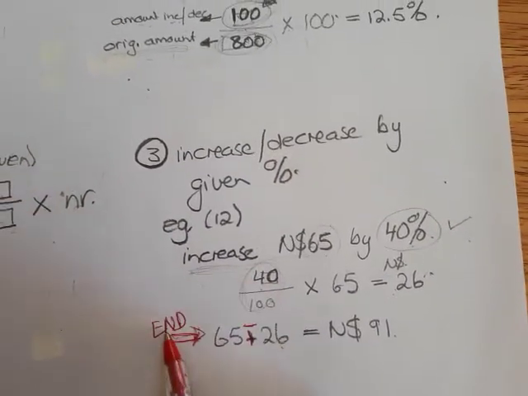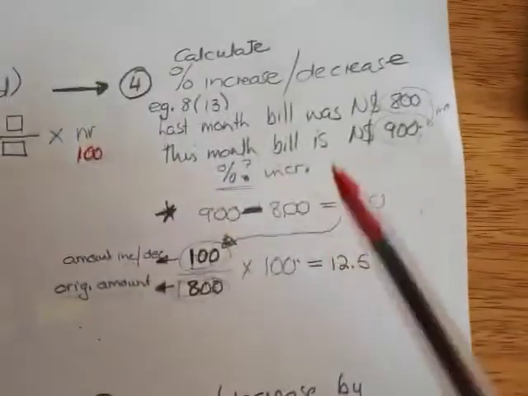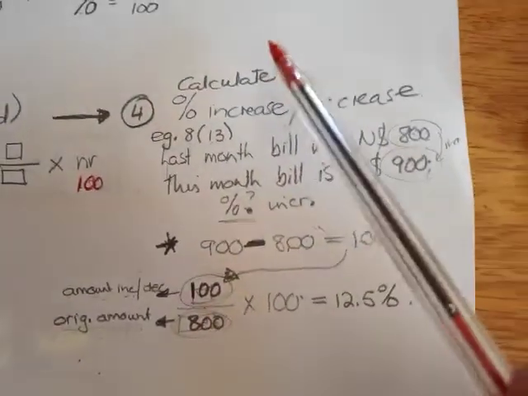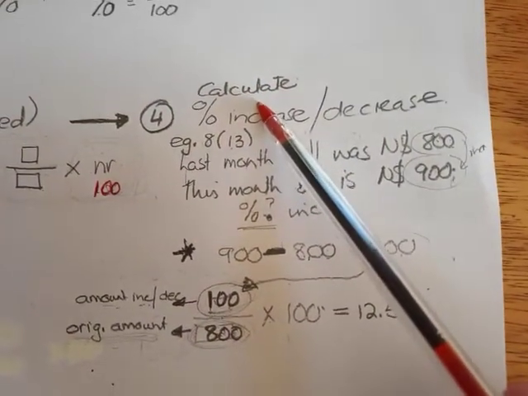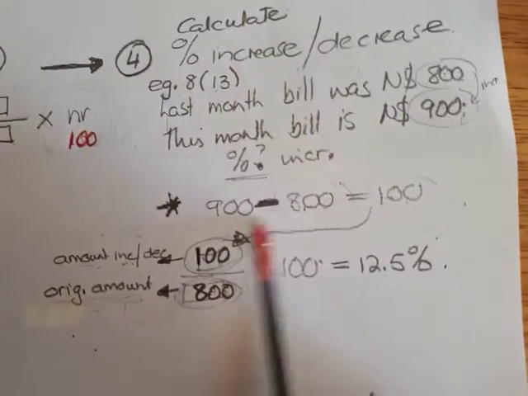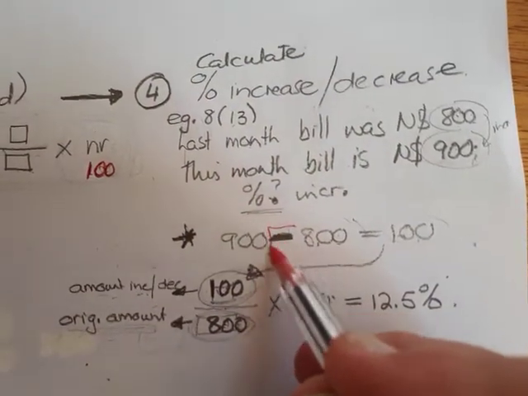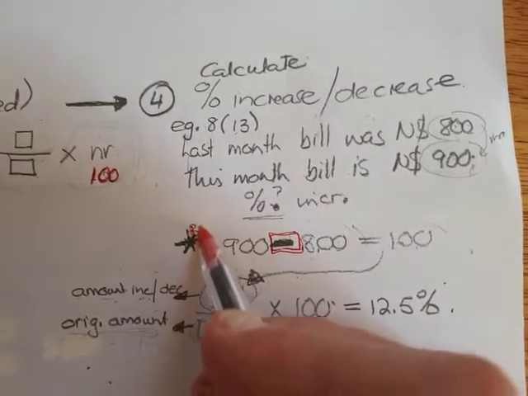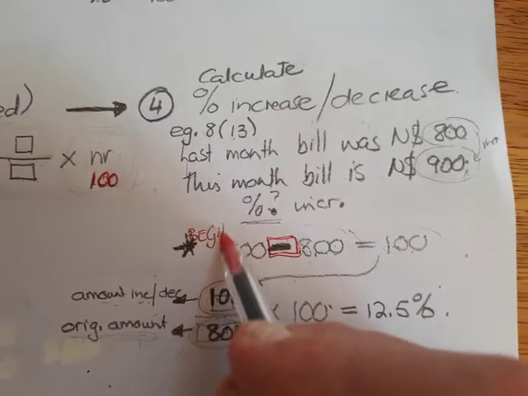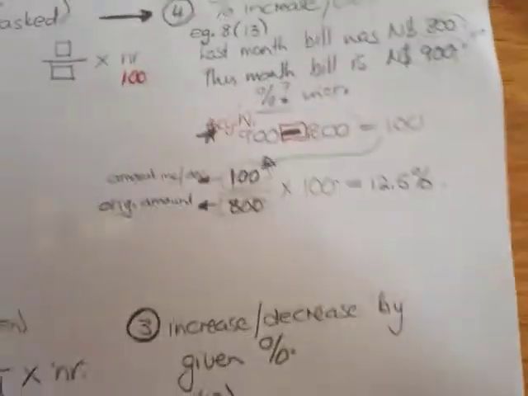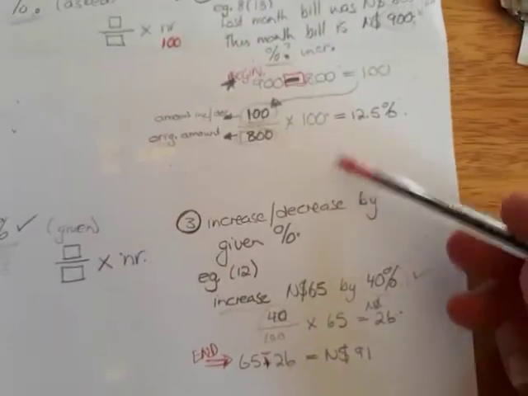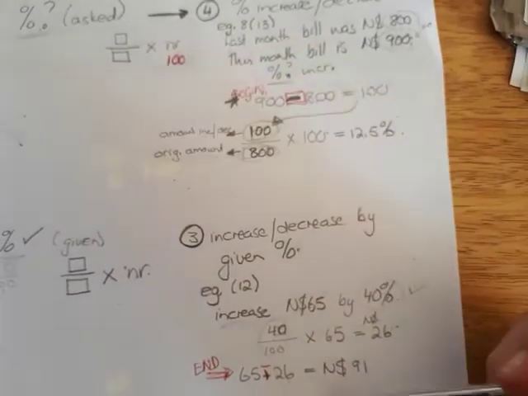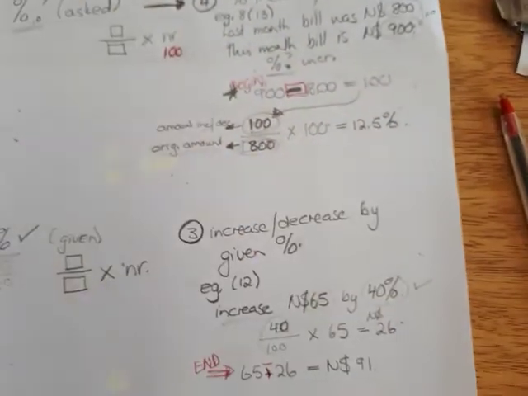It's at the end. Whereas when you are asked to calculate the percentage increase or decrease, your subtraction, and it's always subtraction, is in the beginning. So just take note of that. That is one big difference between your third and your fourth type of calculation in percentages.